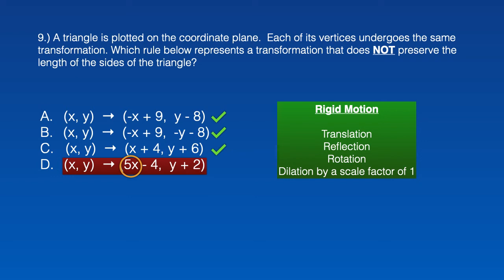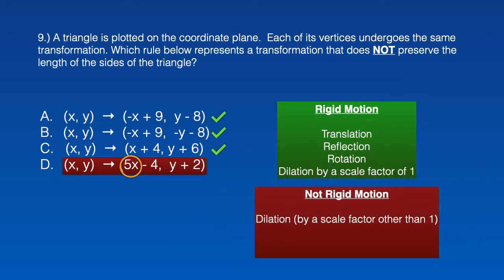So if you look at all the answer choices, in this case, letter D is the only one where x or y is being multiplied by a number that is not 1. So that's the only one that's being dilated by a scale factor other than 1. So that's how we could just look at the answer choices and quickly pick out which is the wrong answer. So if you know that, you could do this question very fast. If you don't know that, it's all going to look like randomness to you. And you're going to think that geometry is so complicated when really it's very simple.